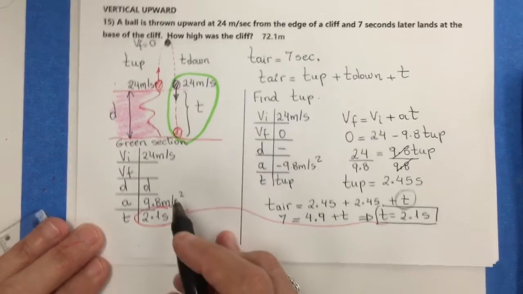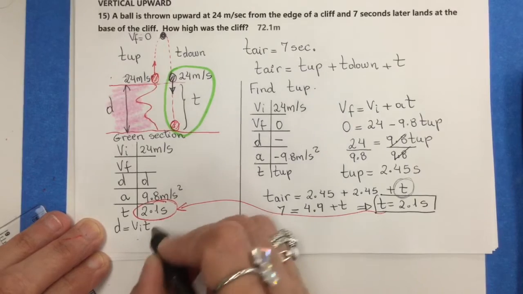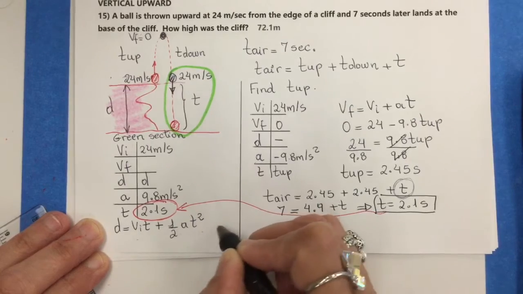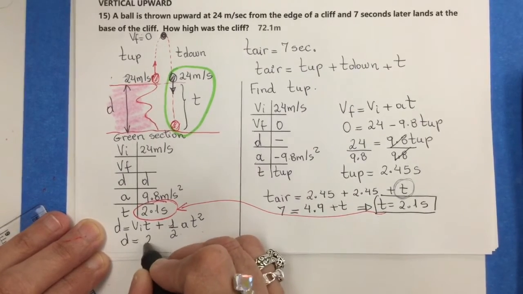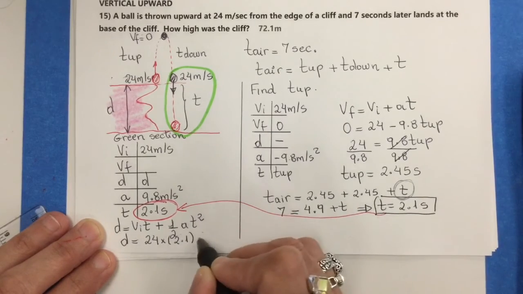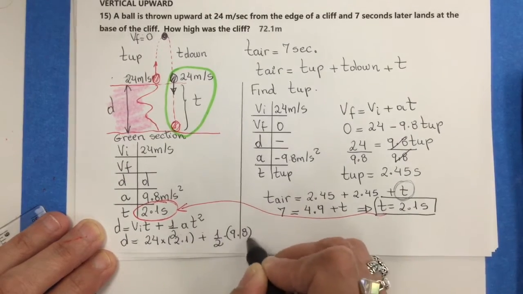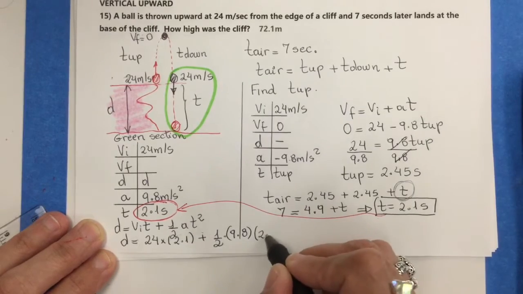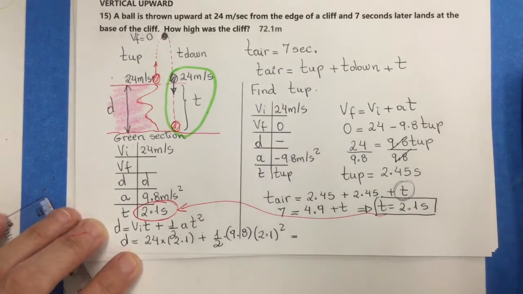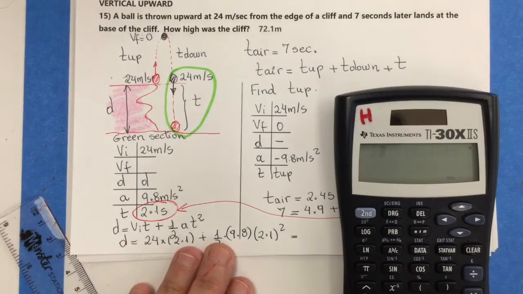So D is equal to VI T plus half A T squared. So D, VI is 24, the time is 2.1, plus half times 9.8, and 2.1 squared. I just did the substitution. Now we are going to solve. I just type this on the calculator.